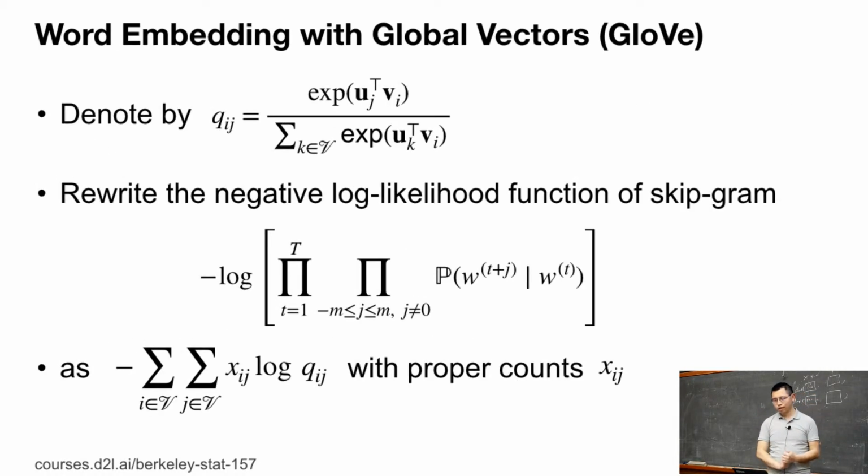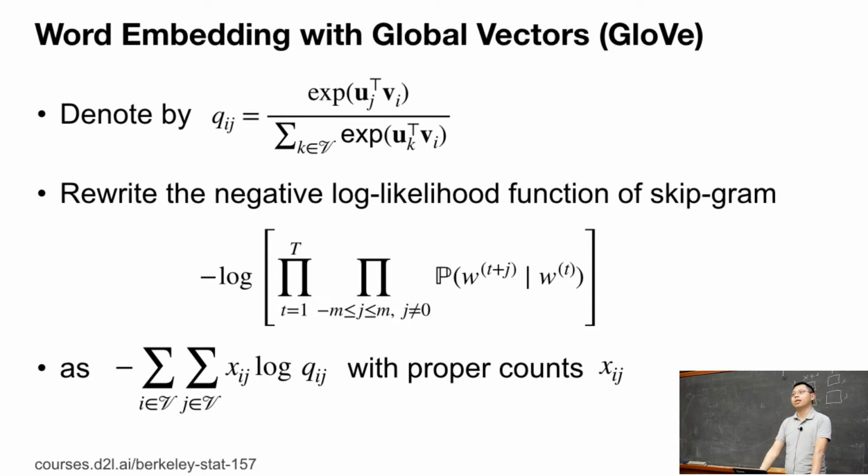The other model is called word embedding with global vectors. A little bit different, and a little bit of math here again. We first denote by q_ij the conditional probability of the i-th word as the center word and the j-th word as the context word.